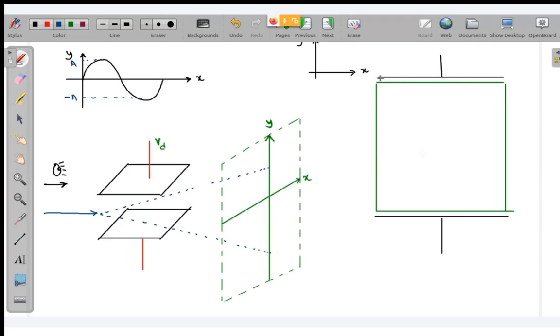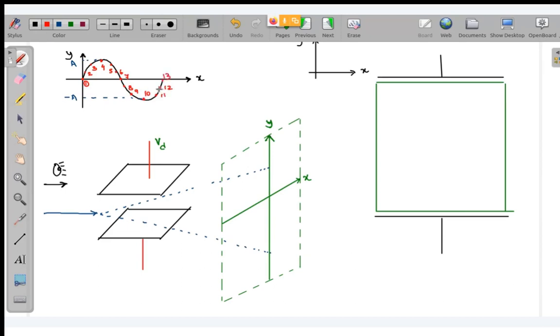So basically what will happen, the signal that I am going to see on the screen. See, look, I am taking a few points over here. So let this be 1, this be 2, this be 3, this be 4, this be 5, this be 6, this be 7, 8, 9, 10, 11, 12, 13.